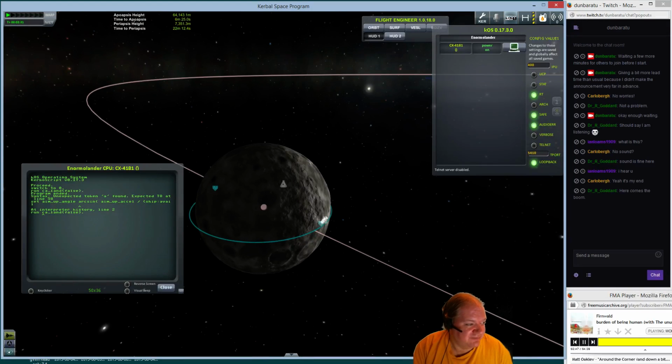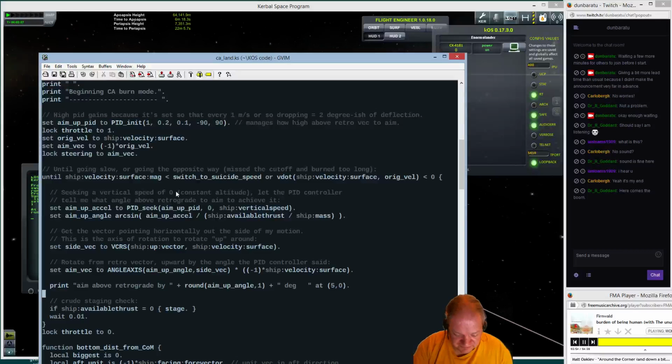Whoops, what did I type wrong? Unexpected token A at line 58. There we go.